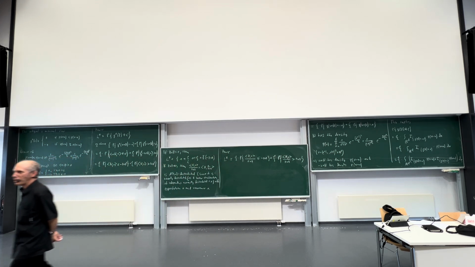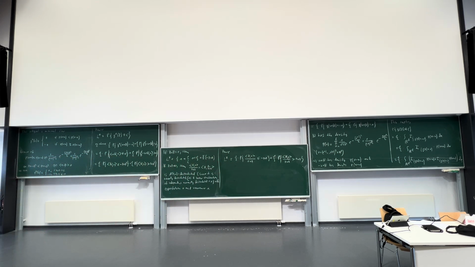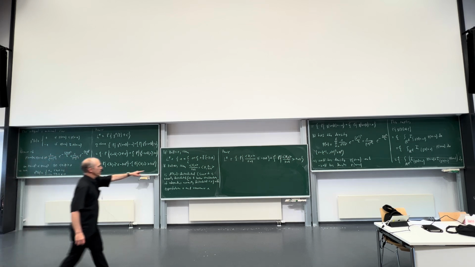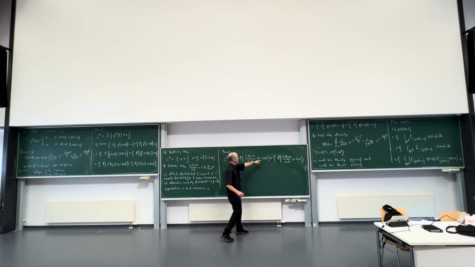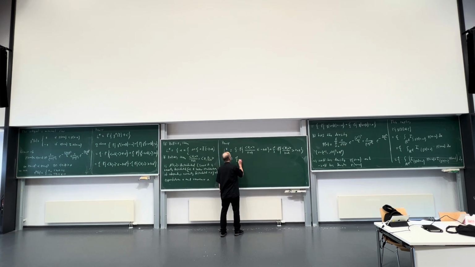Then you see the random variables which we have are standard normal. The first one is just the cumulative distribution function at the point minus norm mu. So it's 1/2 times Phi of minus norm mu.